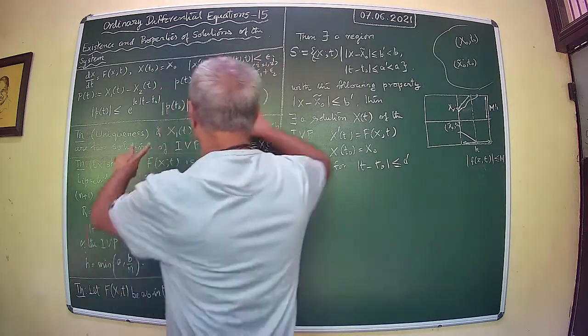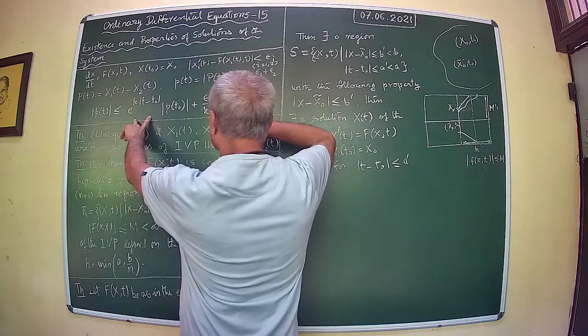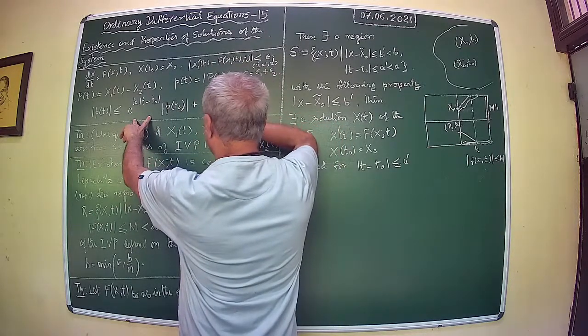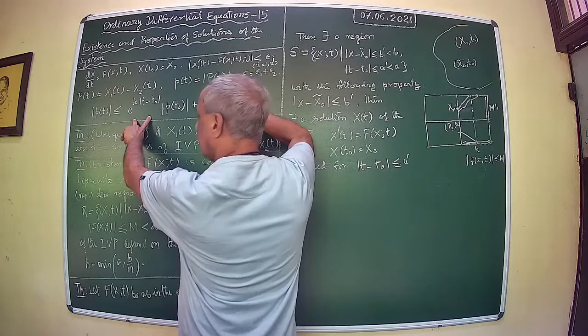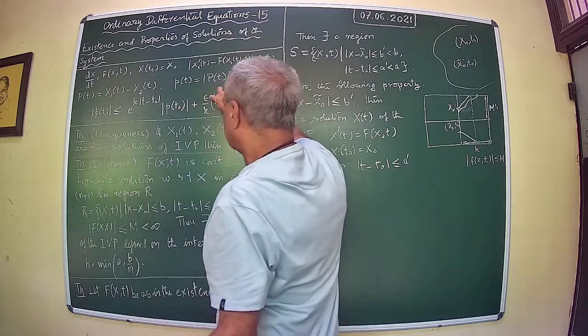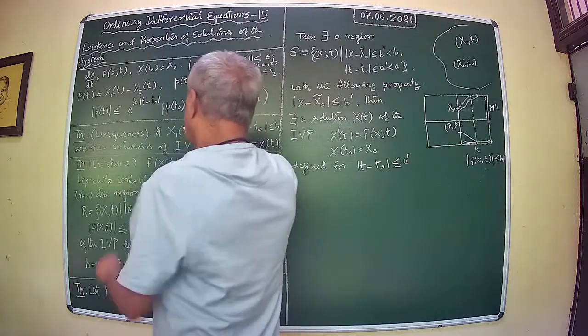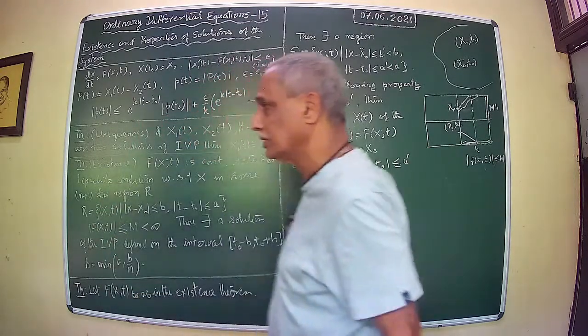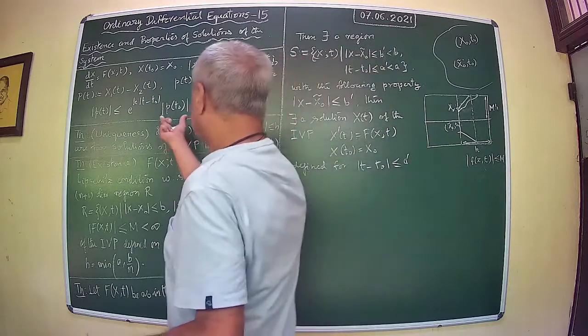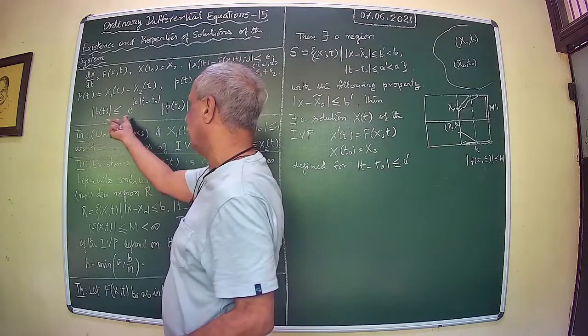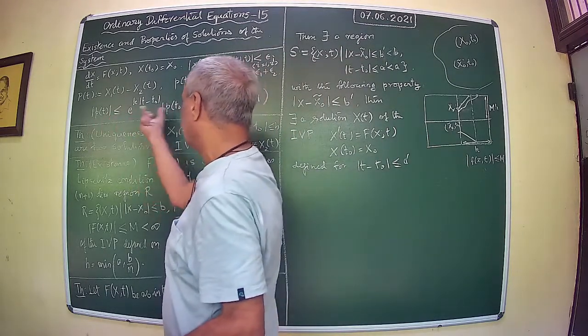Because you see there are two terms here, one corresponding to the epsilon by k. If you are talking about exact solutions, then epsilon is going to be 0. But if your initial conditions are different, then mod x naught is going to dictate the error that you have over the interval.